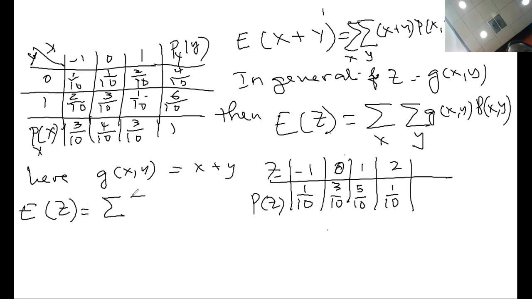E of Z is equal to the sum of x plus y, E of x, y, is equal to, when x equals to 0, we are going to say the sum when x equals to 0 of, you don't need to write this one, okay?